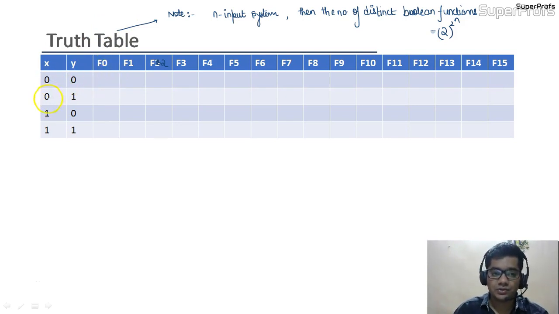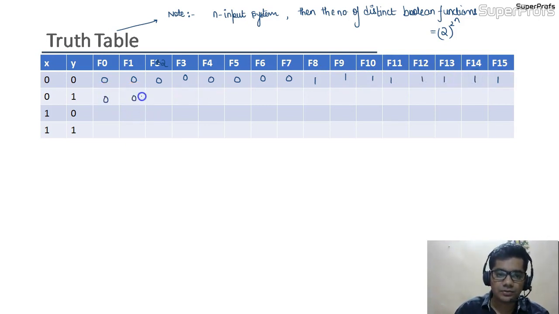We have 0 0, 0 1, 1 0 and 1 1 as the input combinations. To write all the possible functions, we first write 8 times 0 and 8 times 1. Now 4 times 0, 4 times 1, 4 times 0, 4 times 1.